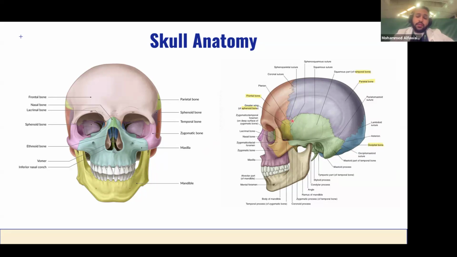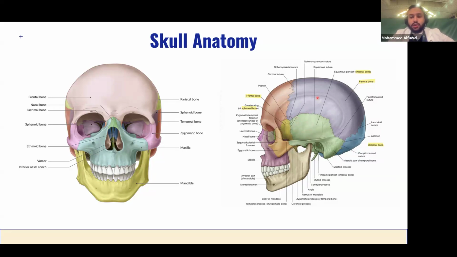What's important about this, if you have trauma to this area, it will lead to rupture or damage to the middle meningeal artery, and then that would lead to a hematoma, which we'll get to which one. And you guys already took this in your ASL. Then we go to this bone. What is this bone over here? Temporal bone. Temporal bone has multiple parts to it, okay?